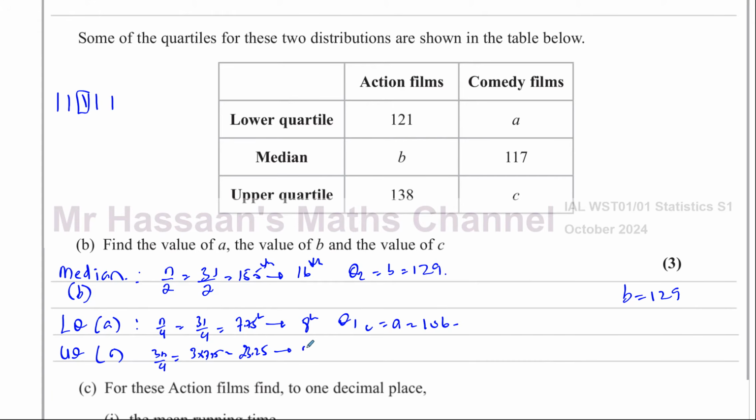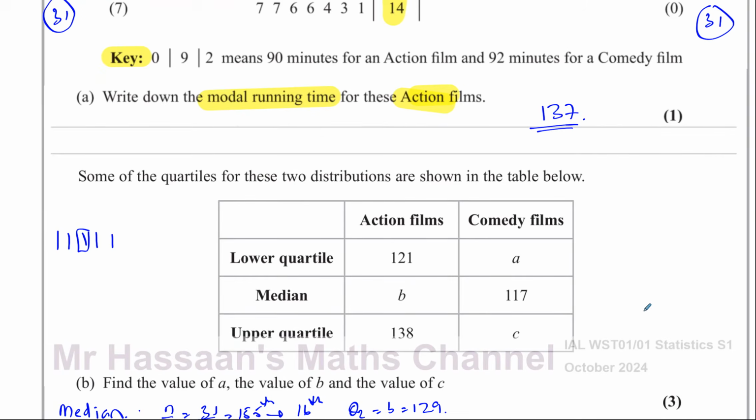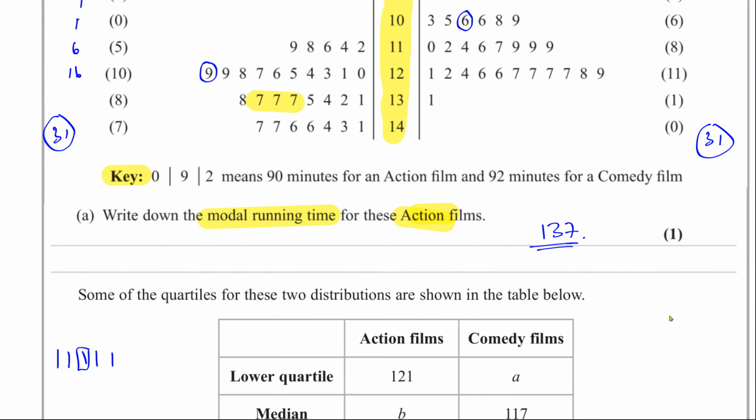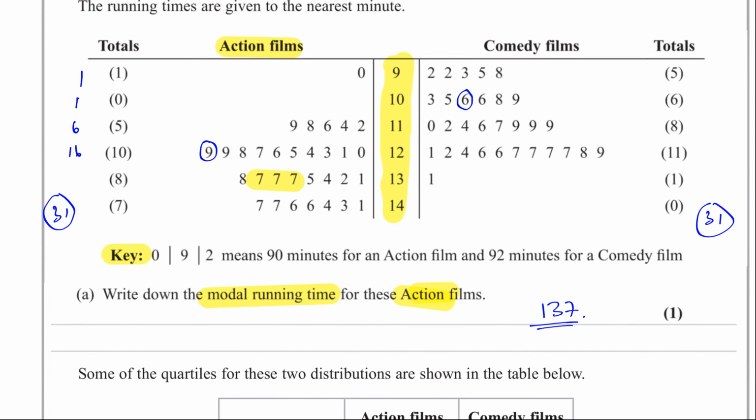23.25, so we go to the 24th term. You always round up, even if it comes down like this, you round up to the next number. So we're now looking for the 24th term. Here we've got 5, then 5 plus 6 is 11, 11 plus 8 is 19, 19 plus 11 is 30.